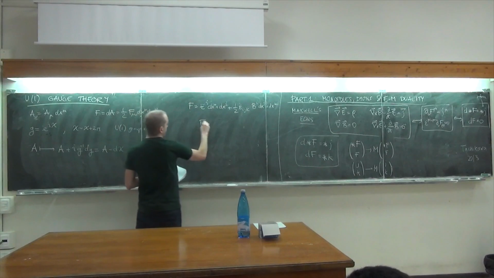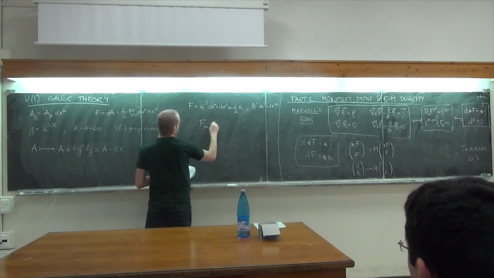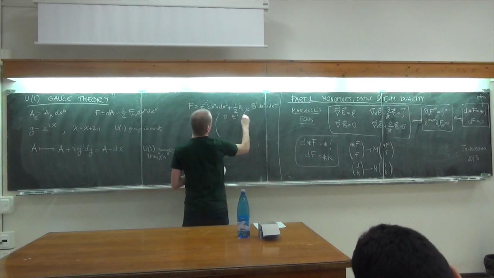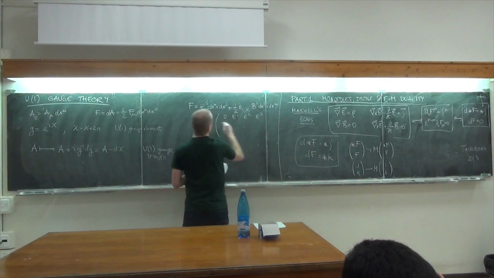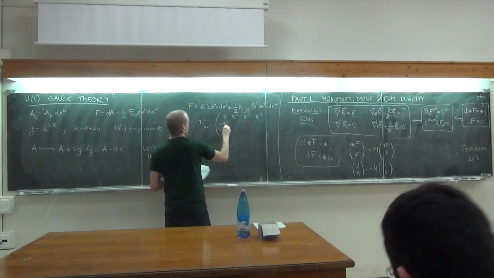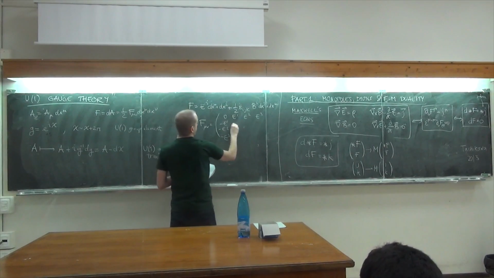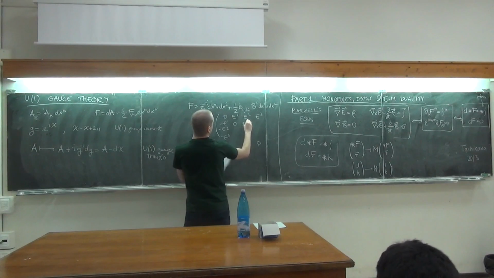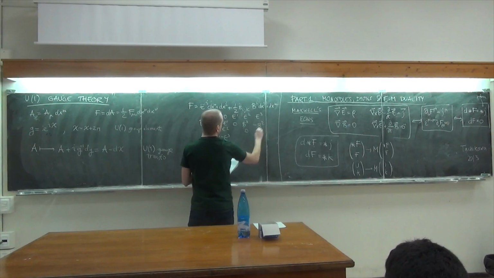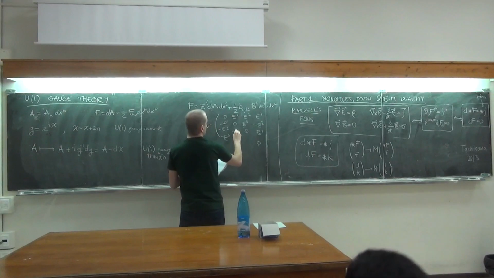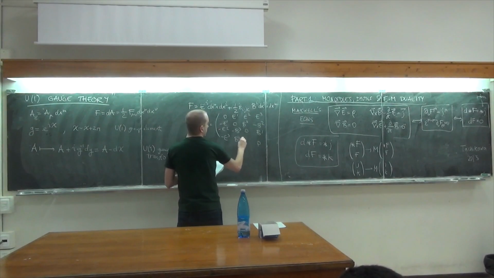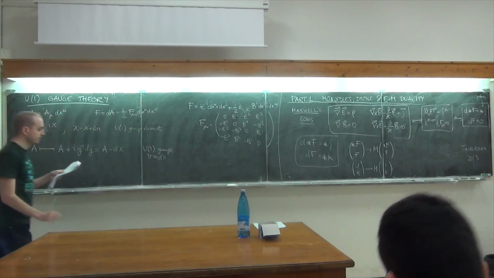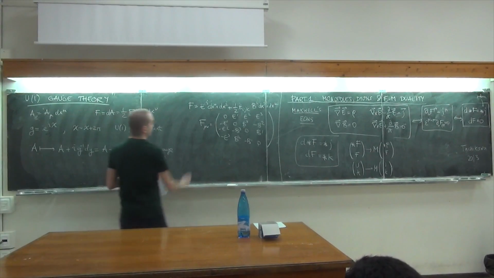So in particular, F_μν would look like 0, E_1, E_2, E_3, minus E_1, and so on, and here B_3, minus B_2, B_1.